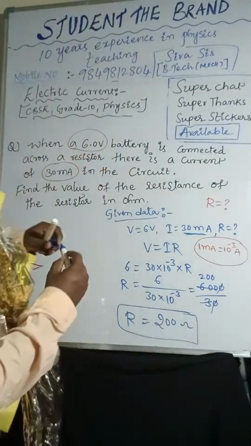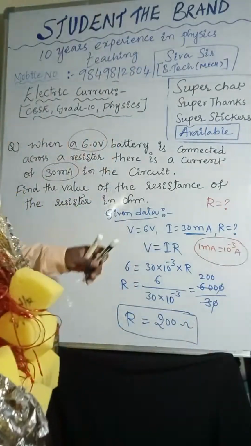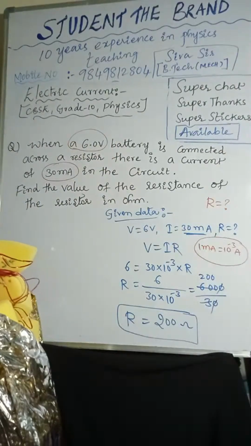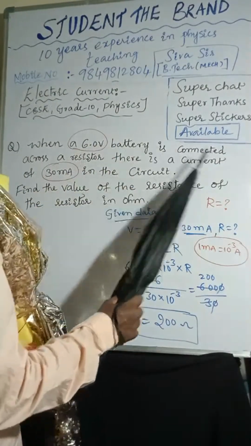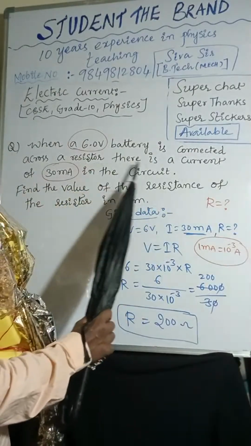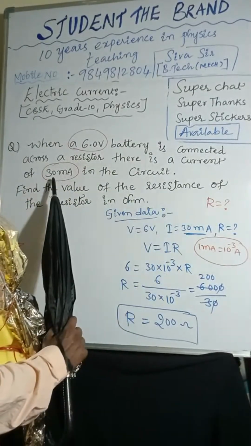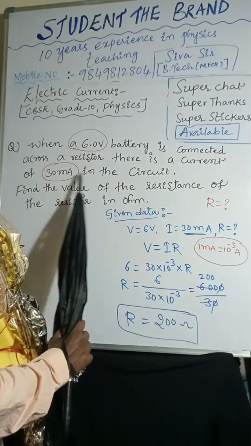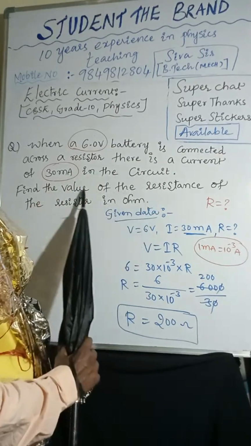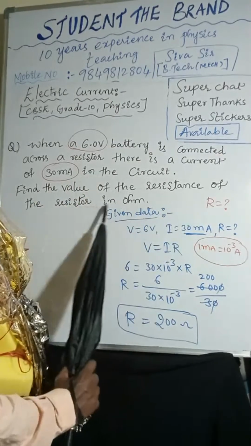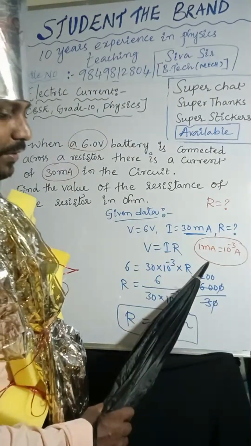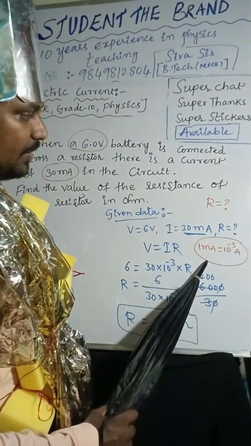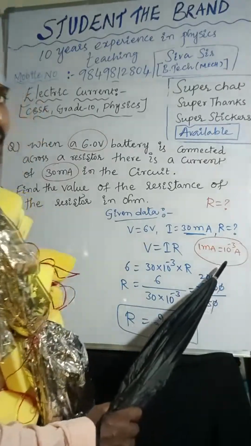So once again check here. When a 6 volts battery is connected across a resistor, there is a current of 30 milliampere in the circuit. Find the value of the resistance of the resistor in ohm. So 1 milliampere equal to 10 power minus 3 ampere.